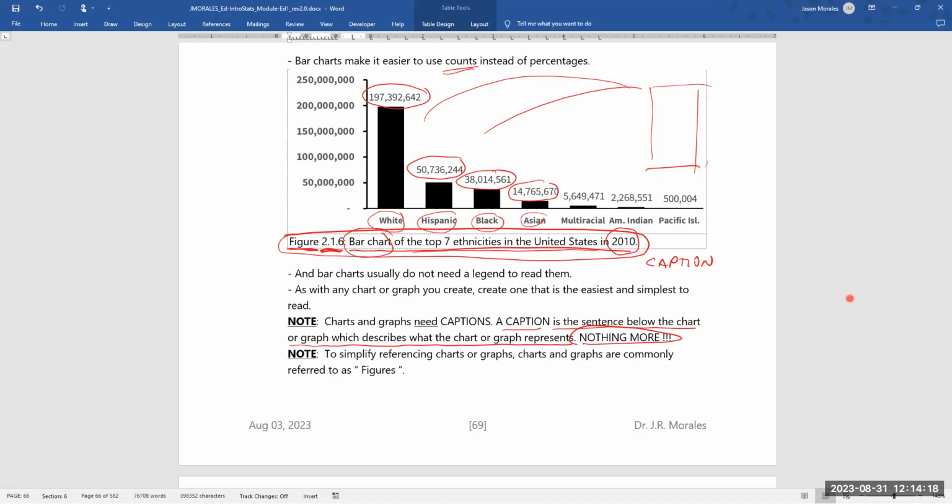And that's all you need to say. That describes what this chart is all about. To simplify referencing charts or graphs, charts and graphs are commonly referred to as figures. And that's why I used this word figure down here.